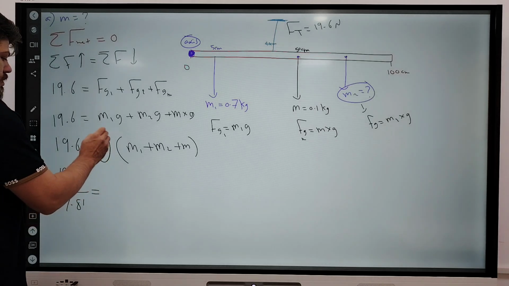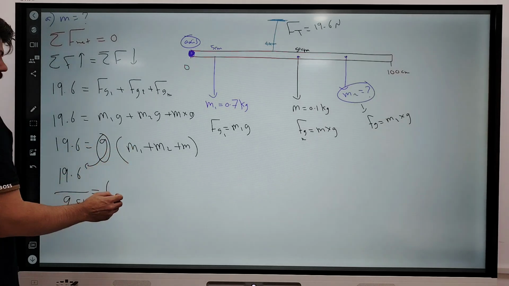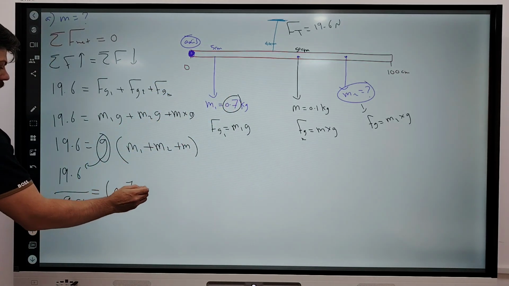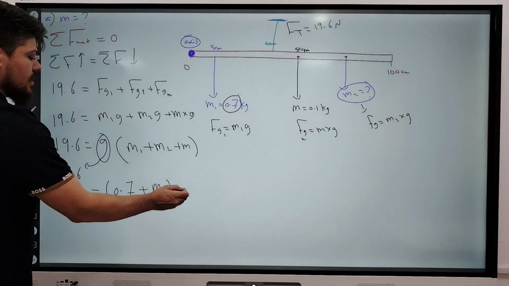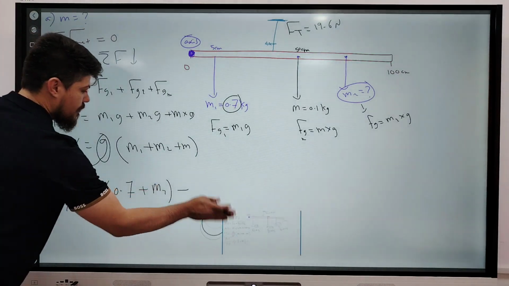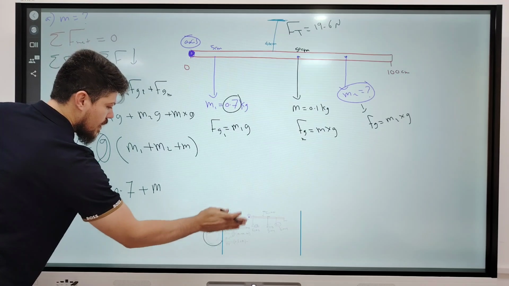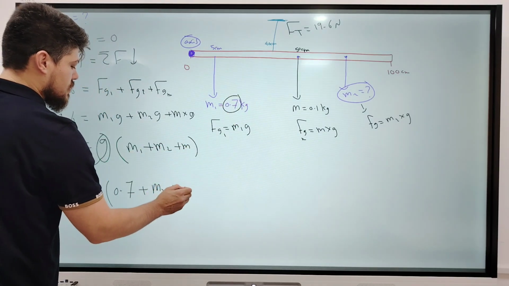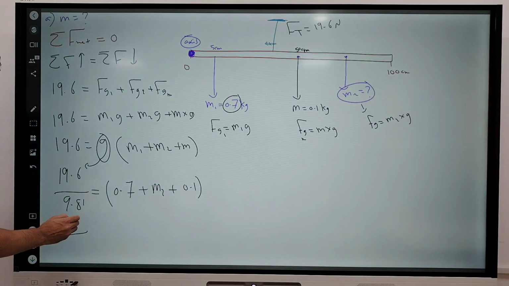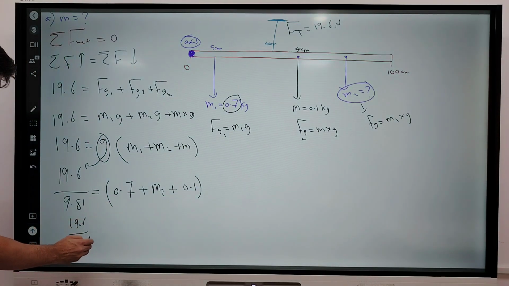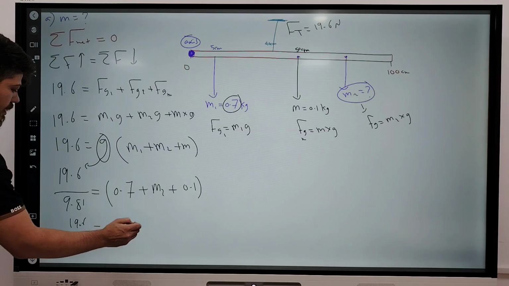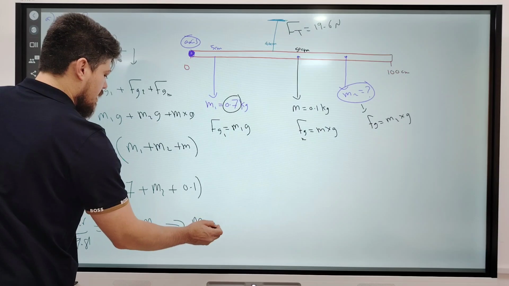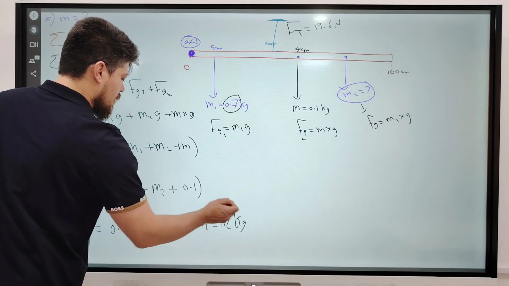What remains? m1 was given, 0.7, m2 unknown, plus the mass of the meter stick, 0.1. So 19.6 over 9.81 is equal to 0.8 plus m2. You can rearrange the equation: m2 is equal to 1.2 kilograms.